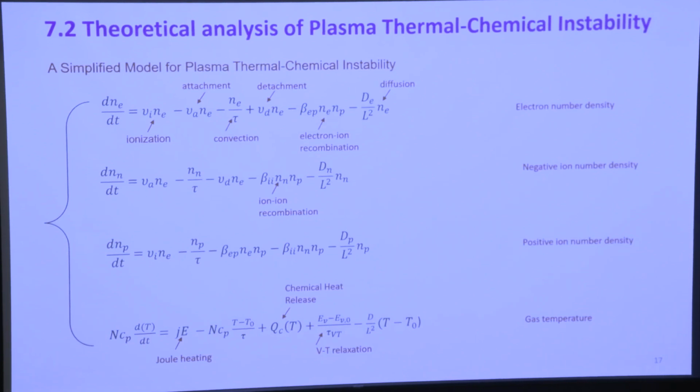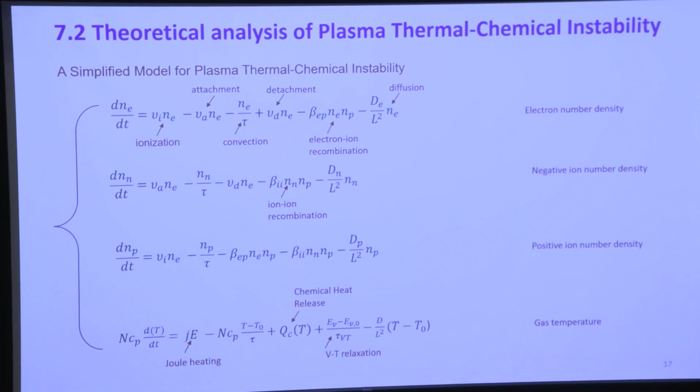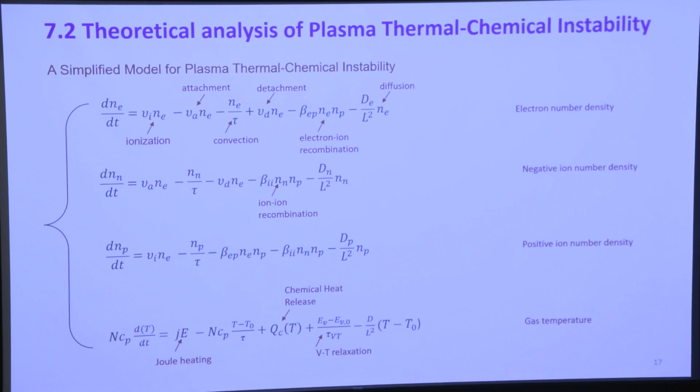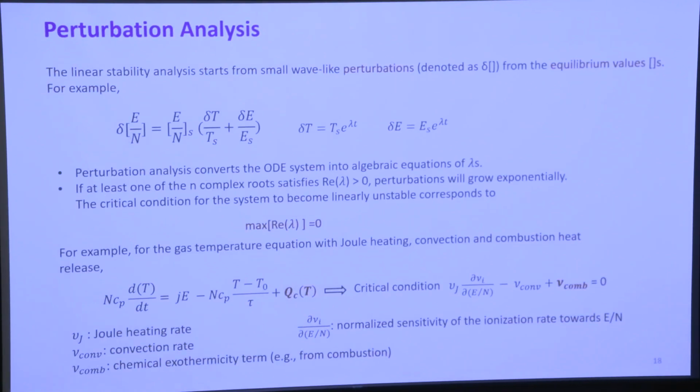And anybody with a good ordinary differential equation background can do a linear stability analysis, and you will find that it is easy to find an instability solution. To do that, you can find how the electric field, E over N, changes as a function of temperature. You can perturb the temperature as a wave function, and perturb the electric field with the same wave number.